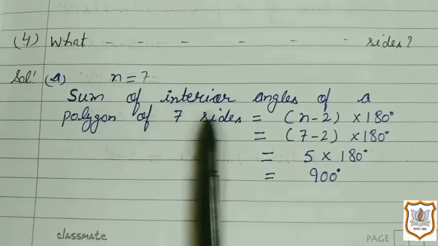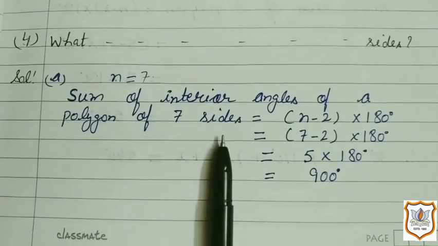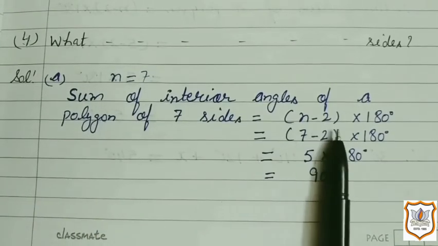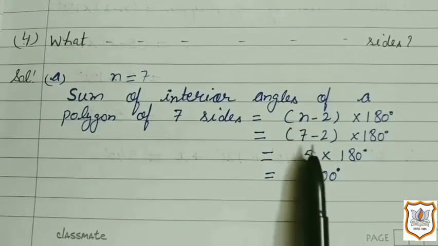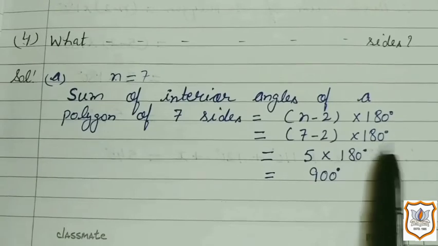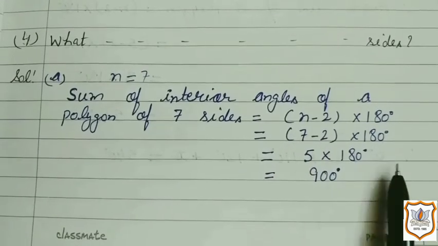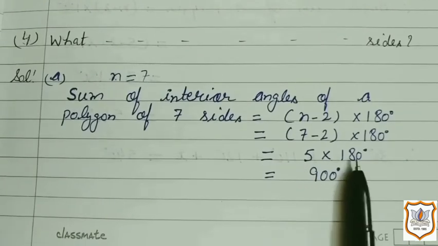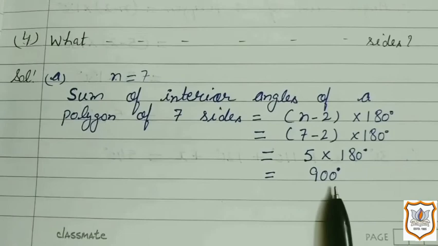Sum of interior angles of a polygon of 7 sides is equal to (n minus 2) multiplied by 180. n is 7, so we write (7 minus 2) multiplied by 180. 7 minus 2 becomes 5. When we multiply 5 by 180, we get 900.